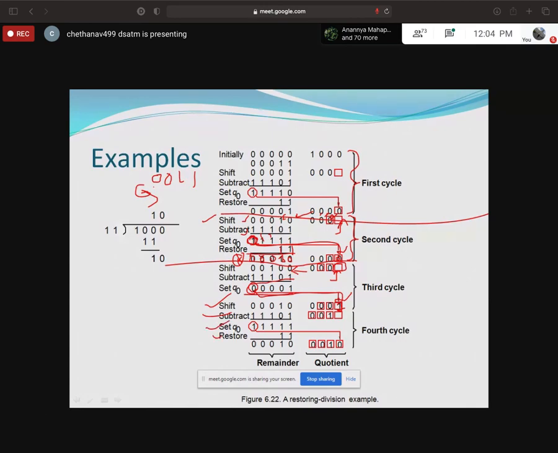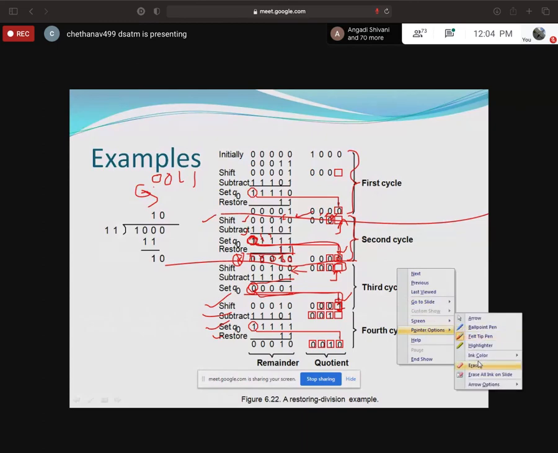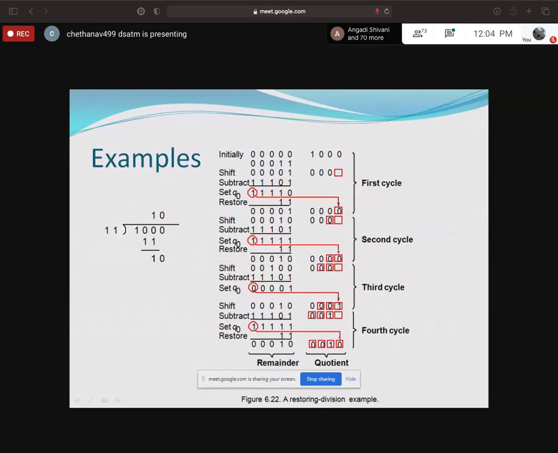You can ask me one question. Just see here, the last point which I want to make clear. Whenever you have 1 in the last position of your register A, you are going to keep the value of q naught as 0, and you are restoring the value 1 1 1. That means you are restoring your divisor, isn't it?